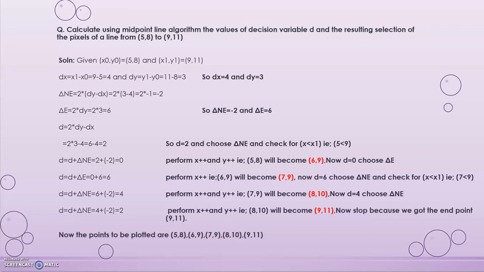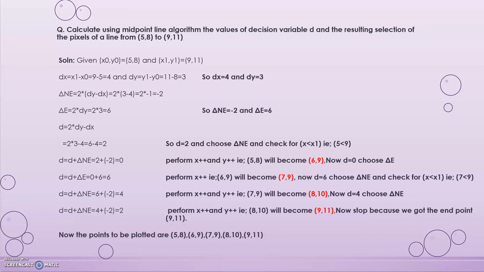Now since we have added delta NE, we will increment both x and y coordinates. So now 5, 8 will become 6, 9. Now d is equal to 0, so we'll choose delta E. We'll add 6 to 0, so now d becomes 6 and we'll only increment the x coordinate. Now 6, 9 will become 7, 9.